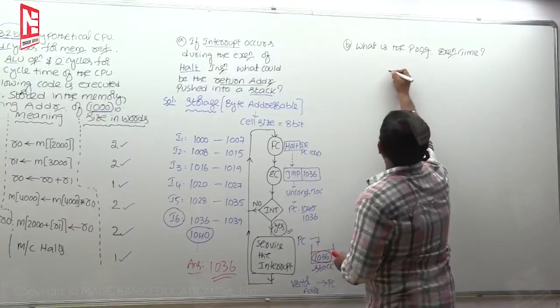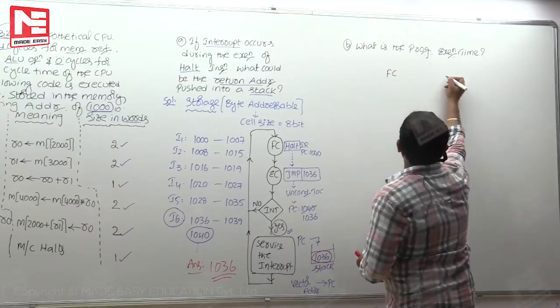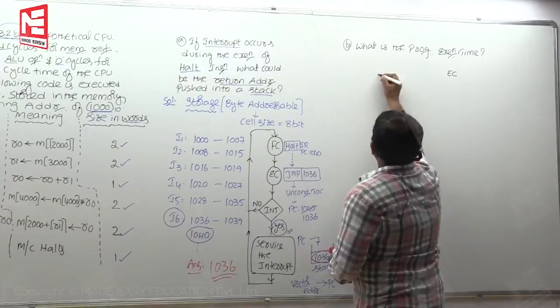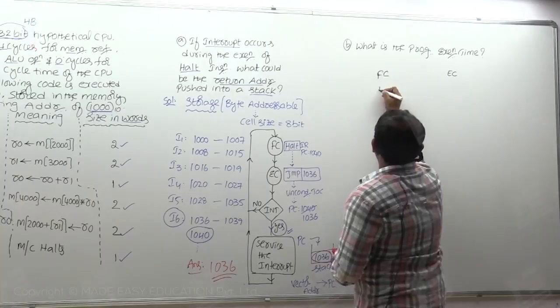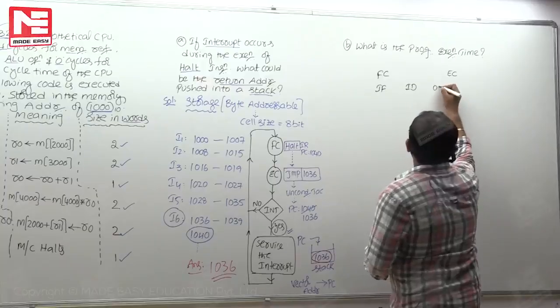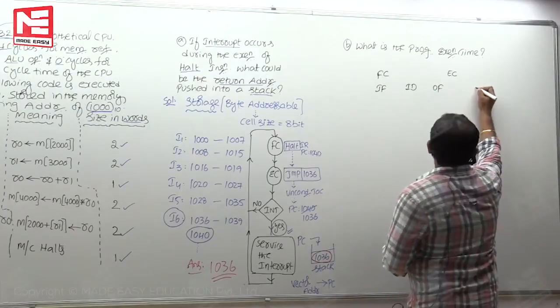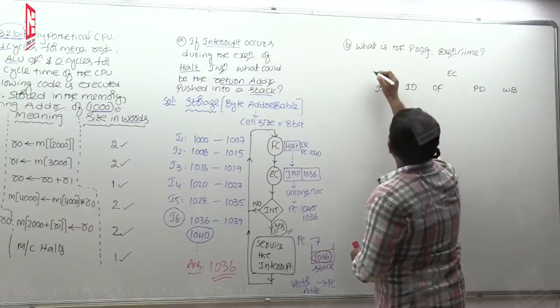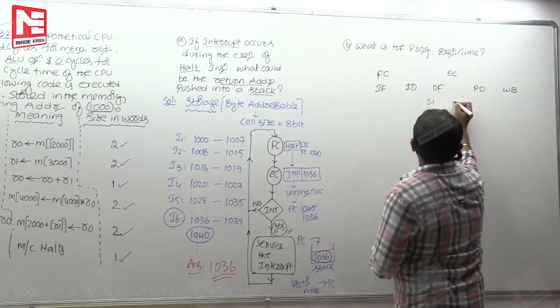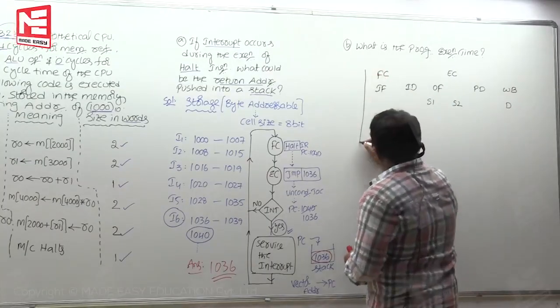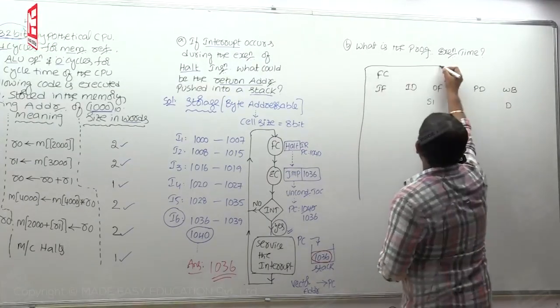To find the program execution time, let us take the instruction cycle: fetch cycle and execution cycle. IF, ID, OF, PD, WB. OF is source 1, source 2, and WB is the destination. This is the framework known to you.